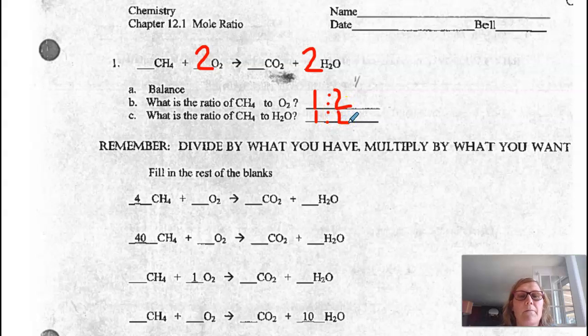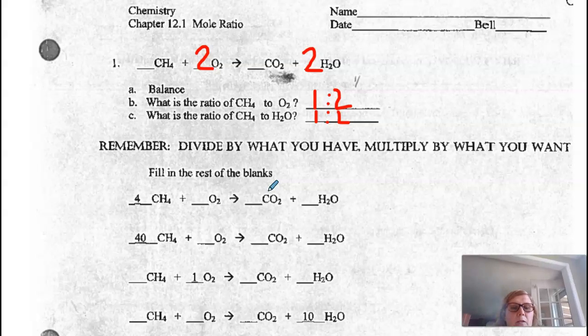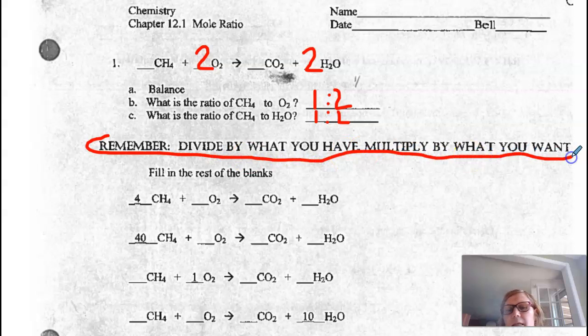We're going to use this balanced equation at the top to fill in the rest of the blanks down here. This is really important because we're going to use it in the other stoichiometry notes: remember, divide by what you have and multiply by what you want.